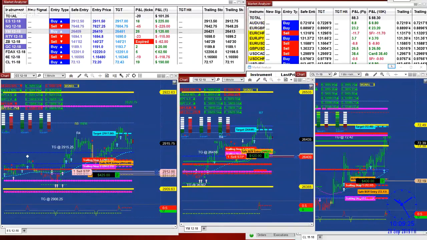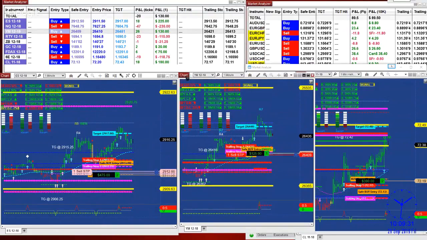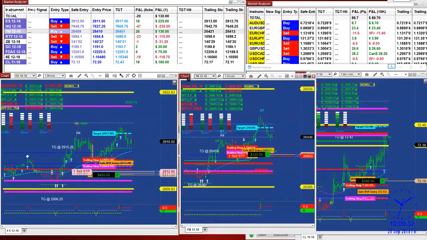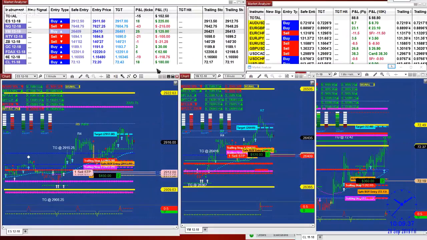Let me see if it's Friday. It is usually hard to trade, and the best way to trade Friday, guys, if you don't have too many hours behind the screen, I can respect that.